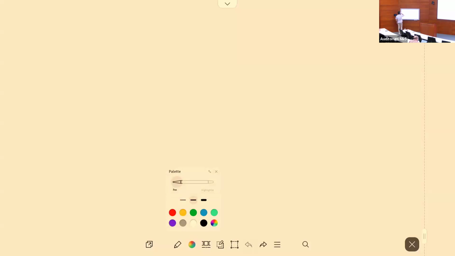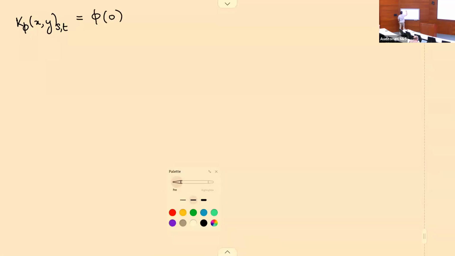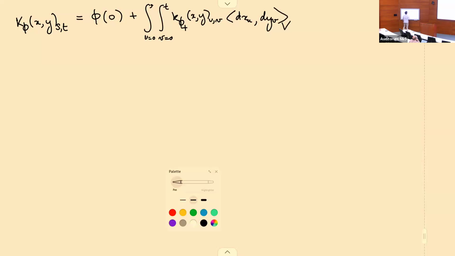In particular, we had this integral relation between k_phi(x,y)(s,t) and the shifted kernel, which was of this form: over u from 0 to s and v from 0 to t of k_phi^+, where phi^+ is the shifted-by-one weighting function over the same path (u,v), and then the inner product of dx_u and dy_v. Okay, so a priori this is not computable.